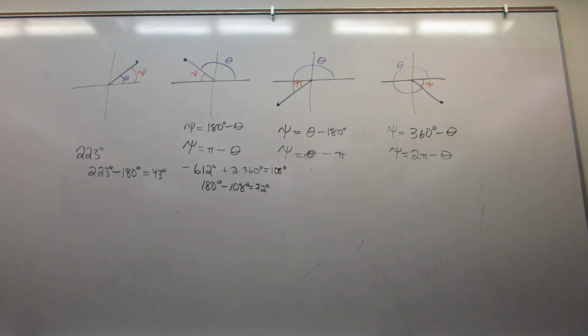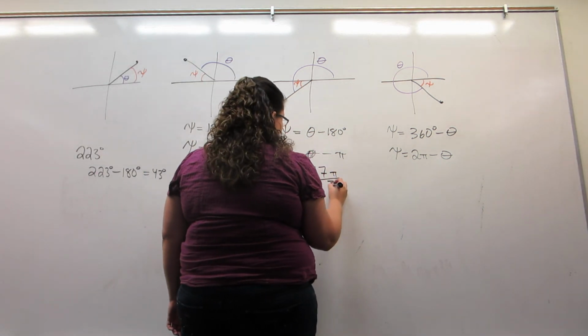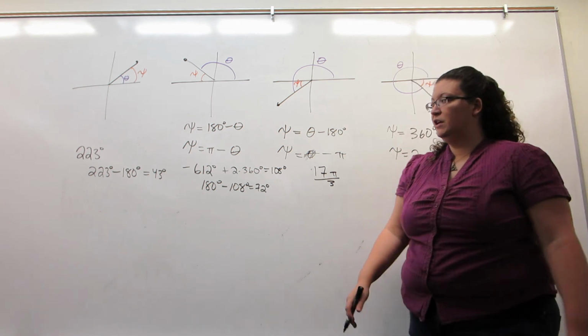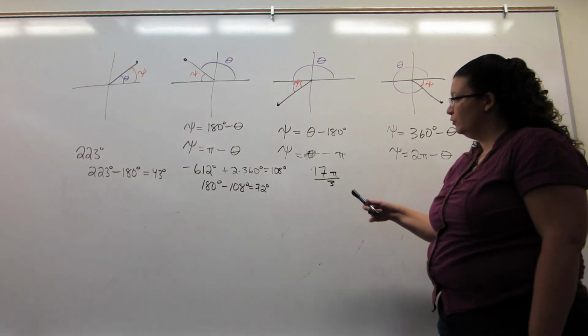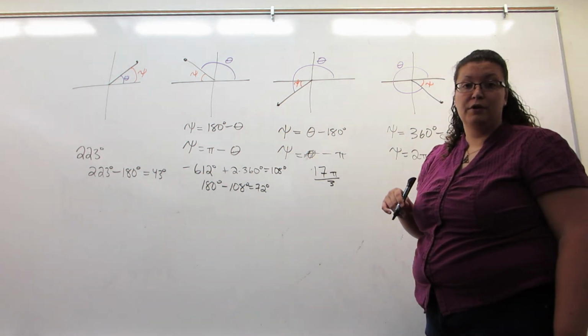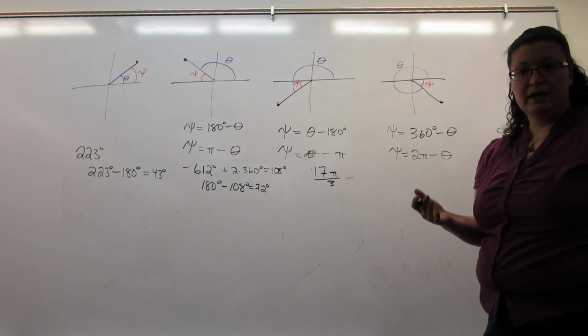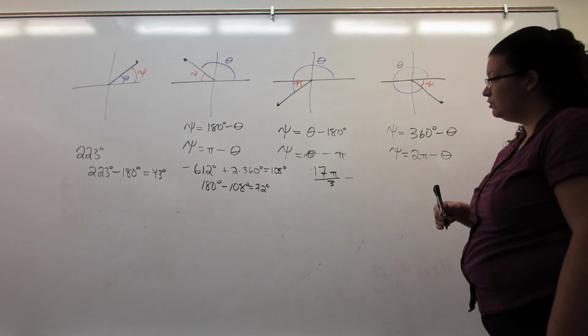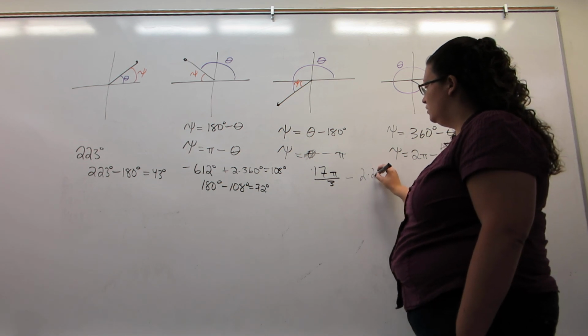Now, for our next two examples, we're going to use radians. So, consider the radian measure 17 pi over 3. Now, before we can use any of our formulas, we need a coterminal angle between 0 and 2 pi, or between 0 and 6 pi over 3. So, I'm going to subtract multiples of 2 pi until this is in the correct range. And I'm going to subtract twice 2 pi.